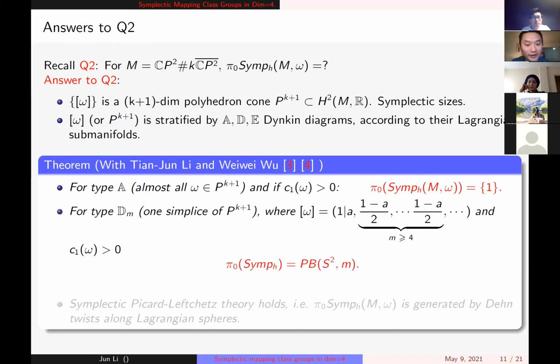And then for type D, this is one simplest case of this P_{k+1}, given by explicit equations, like we want one bigger size blow up and then m smaller size blow ups, where m has to be greater or equal to 4, and then we have even smaller sizes, but we don't care. So if we have such a pattern, then we are going to have the m-strand pure braid group of S^2.